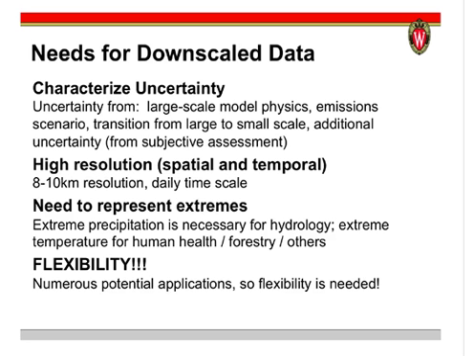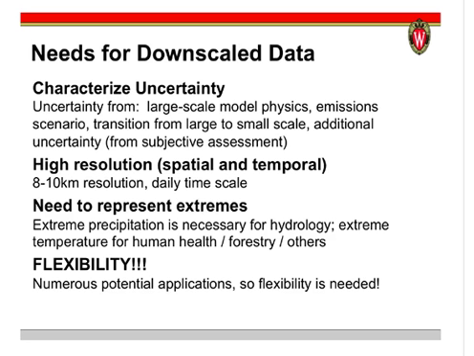I want to make sure that we're thinking about the range of possibilities here. And uncertainty comes from a lot of different angles, from model physics, from emission scenarios, from the methodology of downscaling from a large to a small scale, and then other sources as well, things that we can't necessarily quantify.